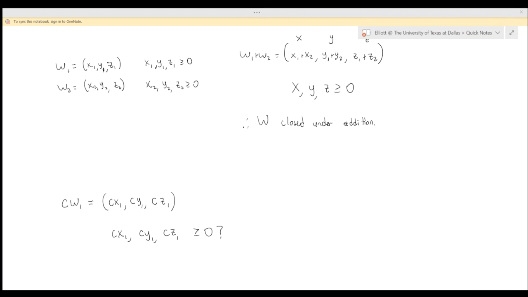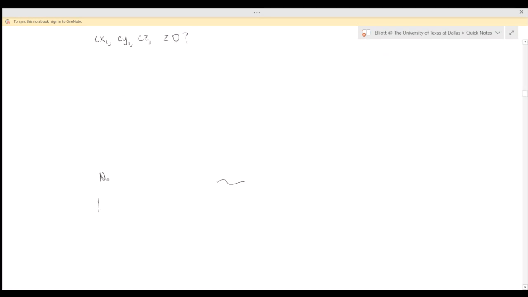Exactly, yeah. Remember that for checking closure under scalar multiplication, you have to consider all possible scalars. That means you would have to consider negative scalars here. Okay, my computer lags a little bit, so I apologize for that.